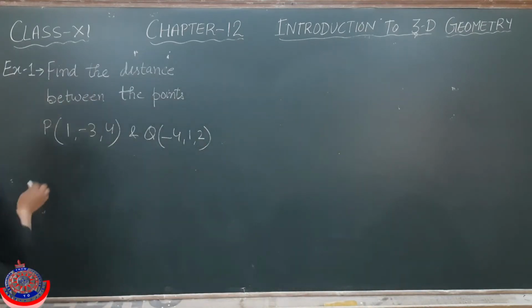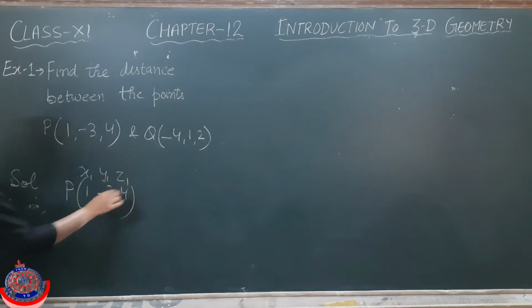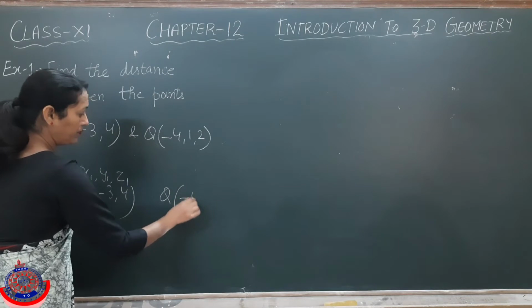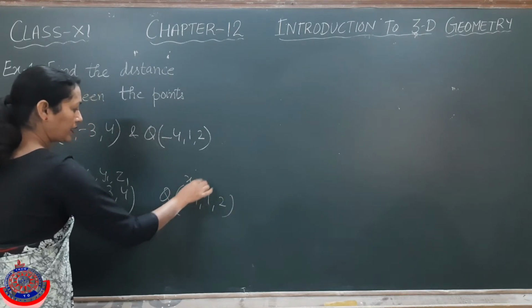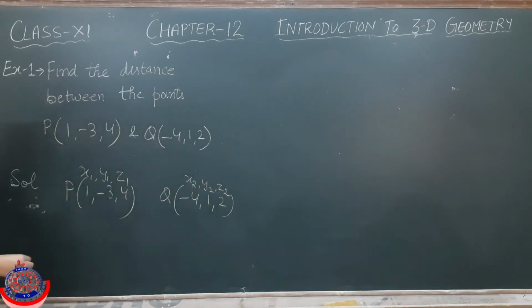For finding distance PQ, let the coordinates of P mark it as x1, y1, z1. Coordinates of Q, mark it as x2, y2 and z2.